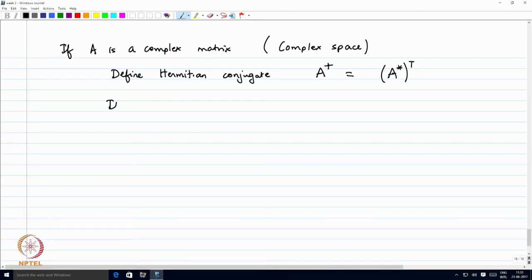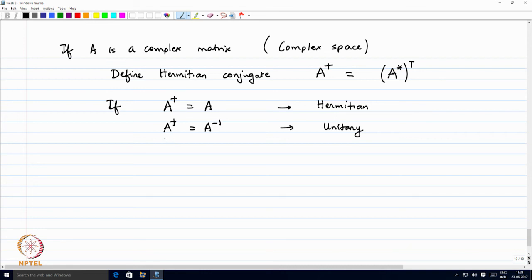So if A dagger equal to A, then the matrix is called Hermitian, and if A dagger equal to A inverse, then it is called unitary. So for a symmetric matrix we had A transpose equal to A. For a Hermitian matrix you have A Hermitian conjugate equal to A. Similarly, for an orthogonal matrix you had A transpose equal to A inverse. For a unitary matrix you have A Hermitian conjugate equal to A inverse.